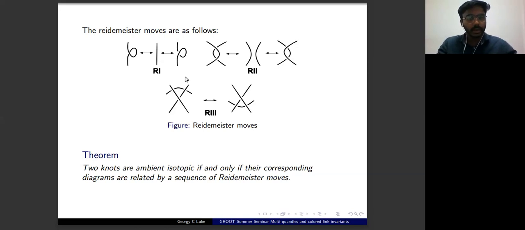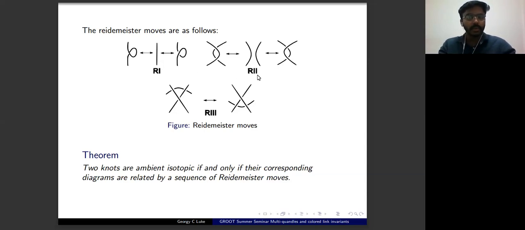So the R1 move, which is the Reidemeister 1 move, is basically untwisting a twist into a straight arc. It's the projection of the twist onto the plane. If we untwist it, we get a straight arc, and vice versa. There are two kinds of this twist.